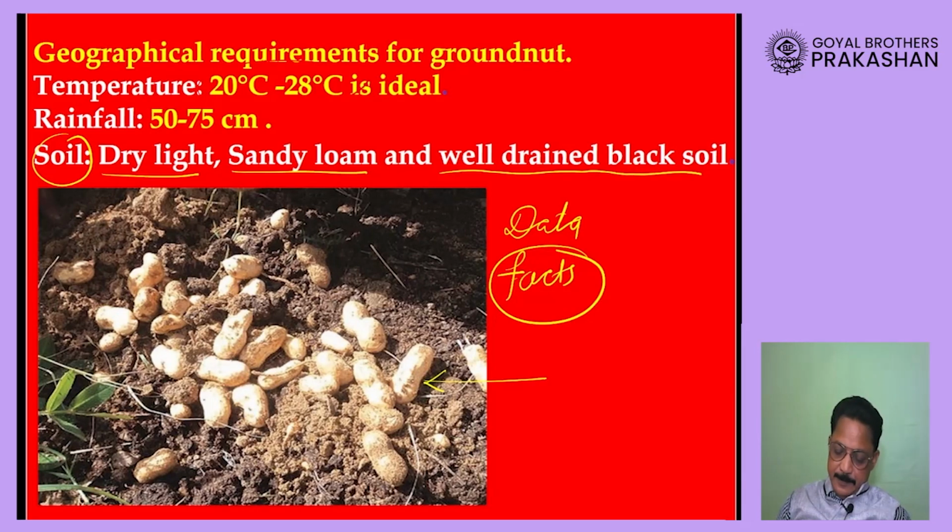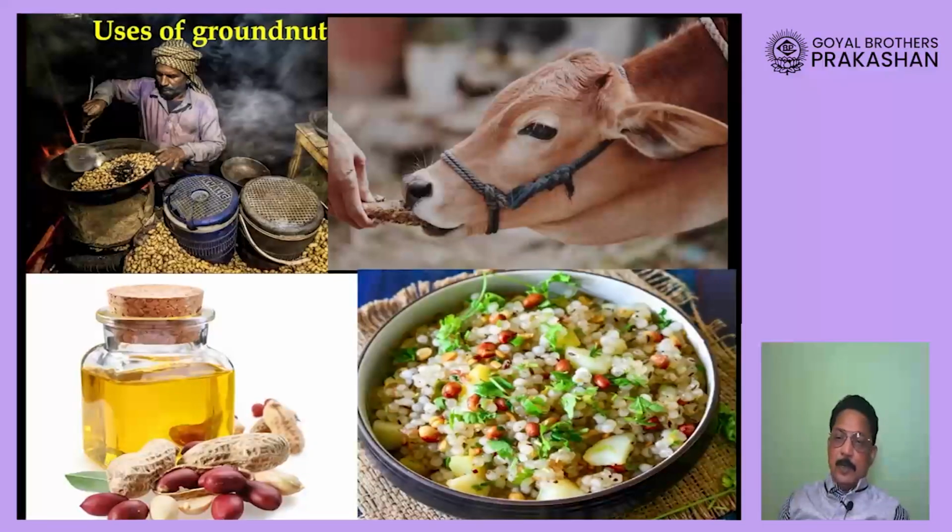Okay, then look at other uses of this groundnut, dear student. One of them is they are roasted and they taste very good, of course. Then you must be seeing here sago, which we also call by the name sabudana.